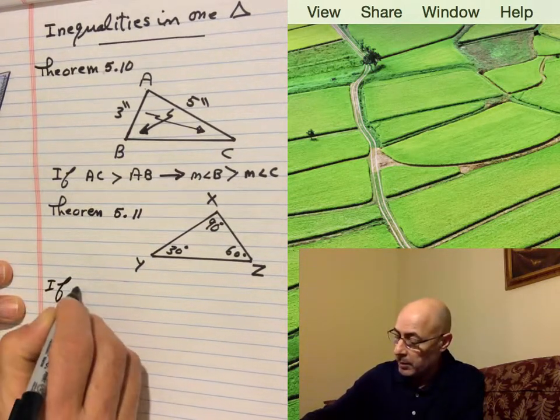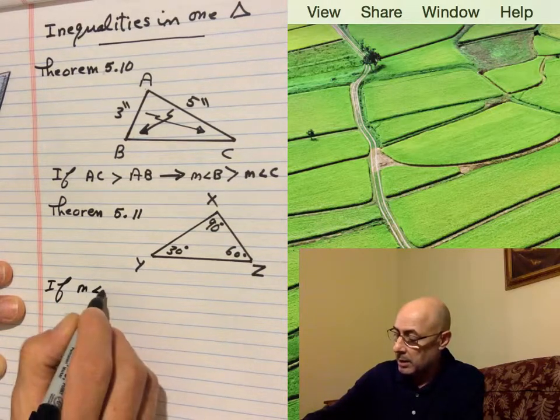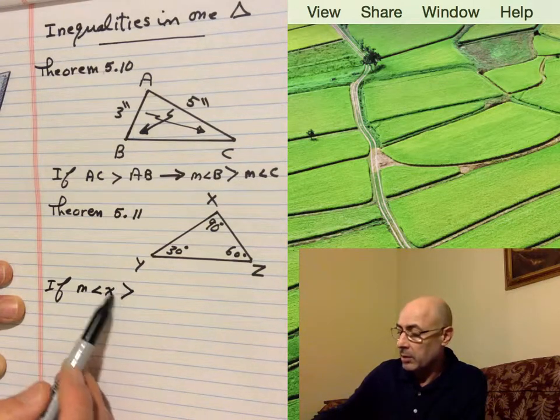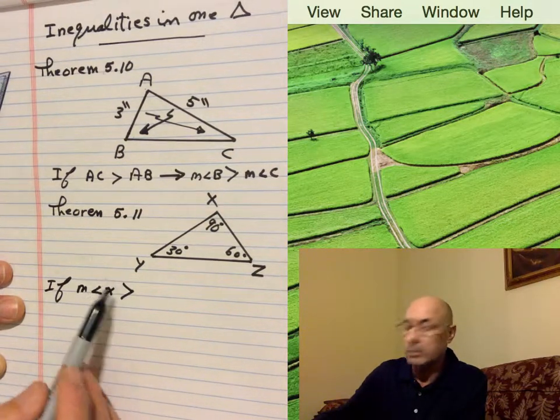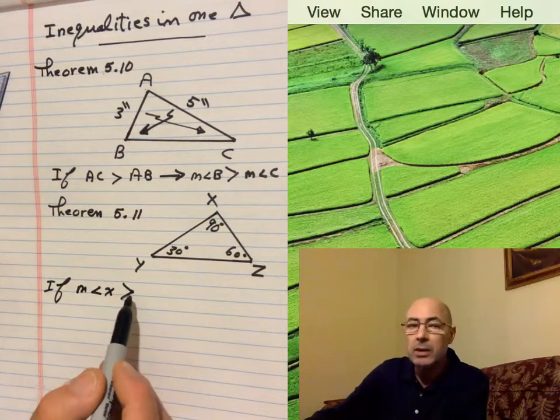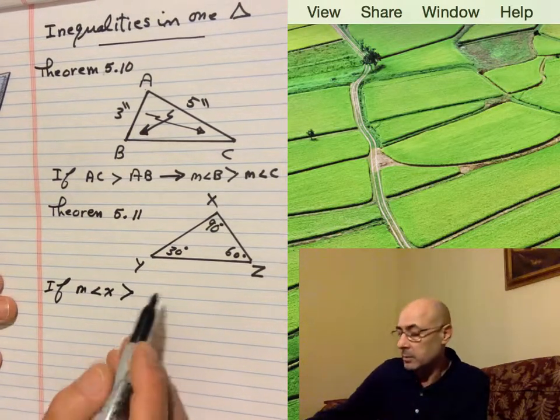So if measure angle X is greater, see that opening means the greater side or the greater quantity, and that small point is the smaller quantity.